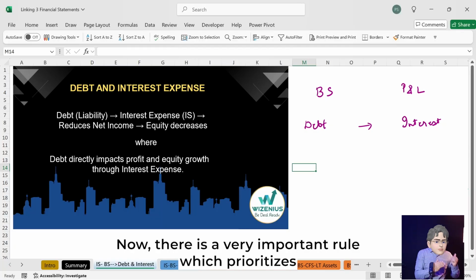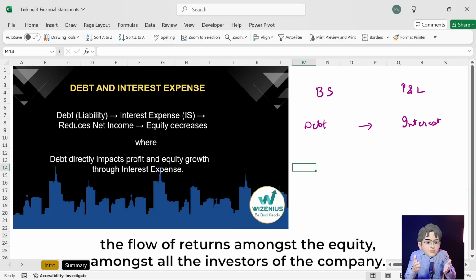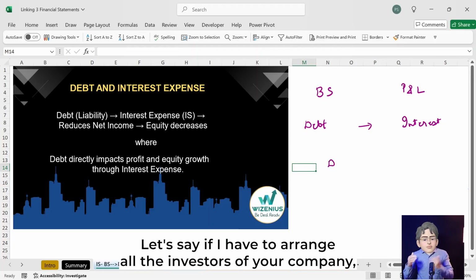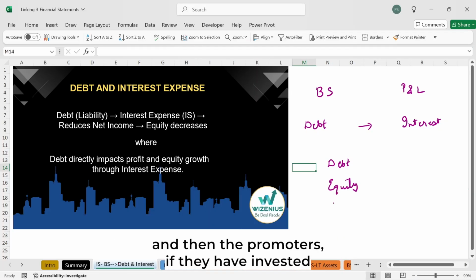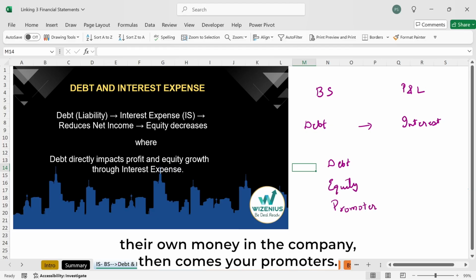Now there is a very important rule which prioritizes the flow of returns amongst all the investors of the company. Let's say if I have to arrange all the investors of your company, who are your investors? Your investors are your debt investors, your equity investors, and then the promoters, if they have invested their own money in the company.